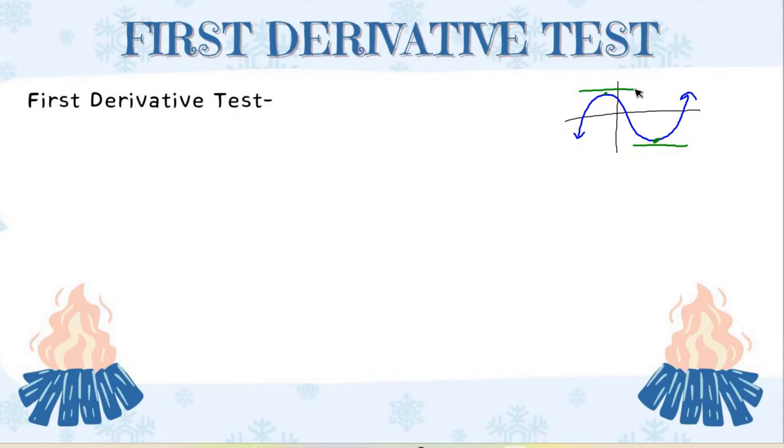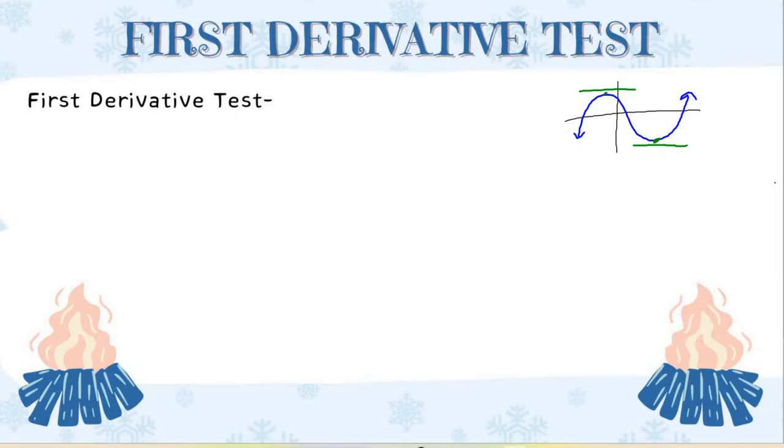So what our first derivative test basically allows us to do is take this idea of increasing or decreasing a step further, and we're able to find where we have relative extrema. So remember, our candidates test only found us absolute extrema. Now sometimes our absolute extrema can be at our relative extrema, but not always. So our first derivative test now allows us to find our relative mins and maxes instead.